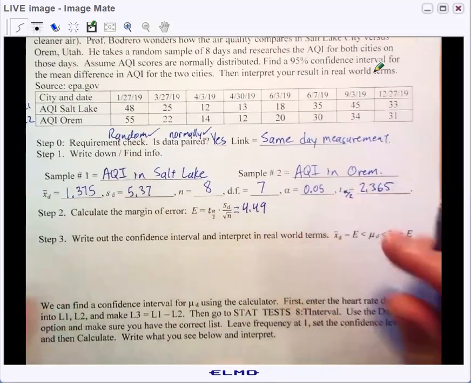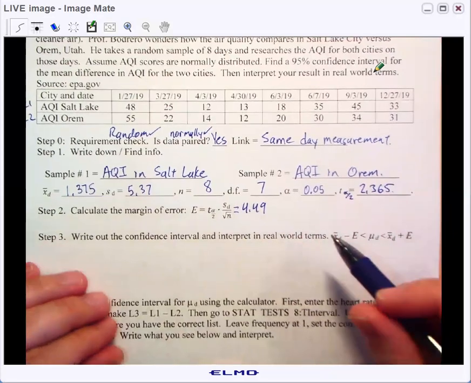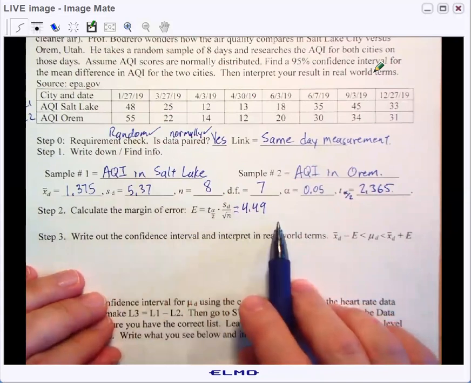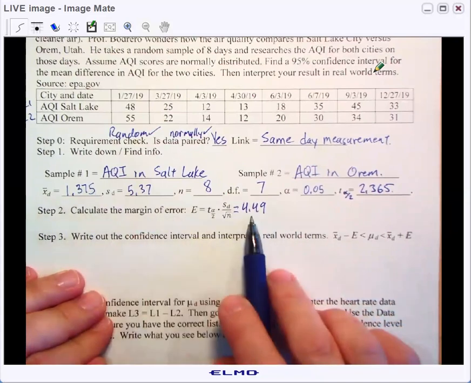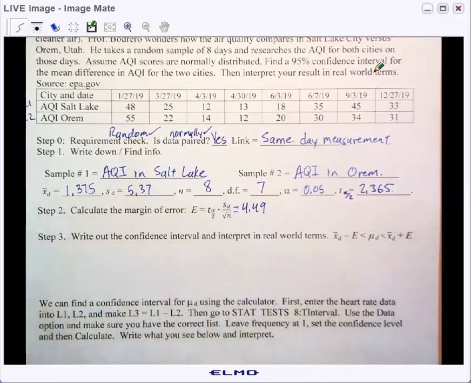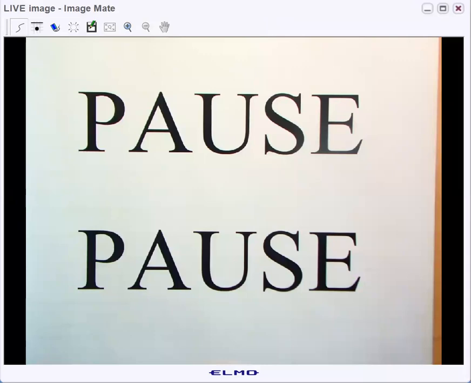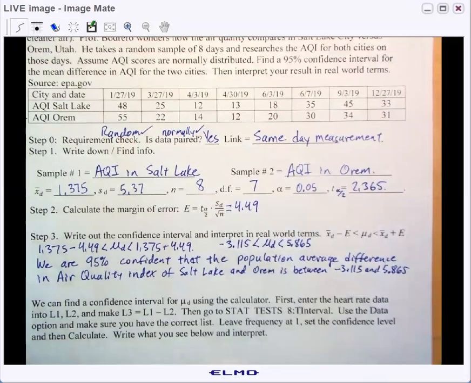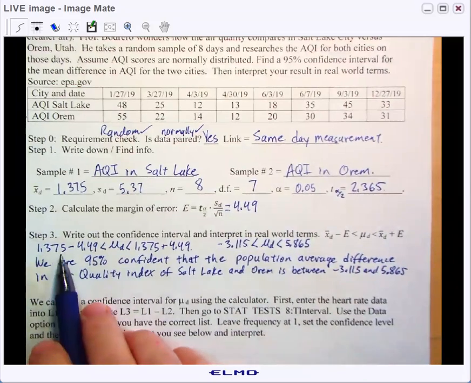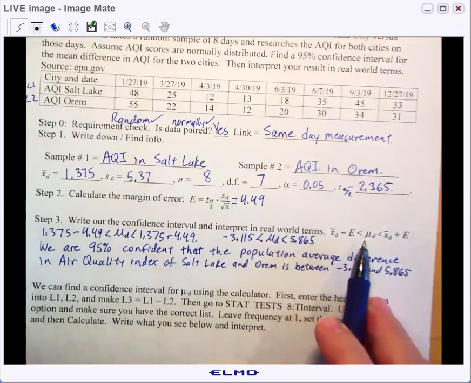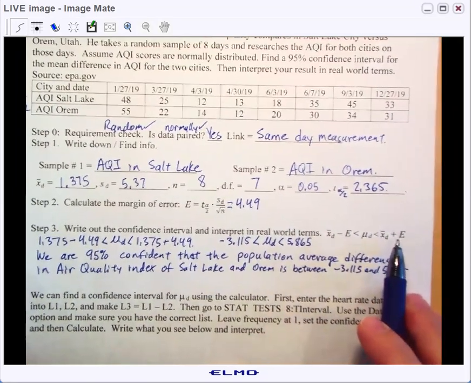So what I want to do is pause the video and have you compute the confidence interval, knowing now our center and our margin of error, and then we'll come back and interpret it together here in just a second. Okay, so hopefully you put that together here. We did our sample mean minus the margin of error and sample mean plus the margin of error.